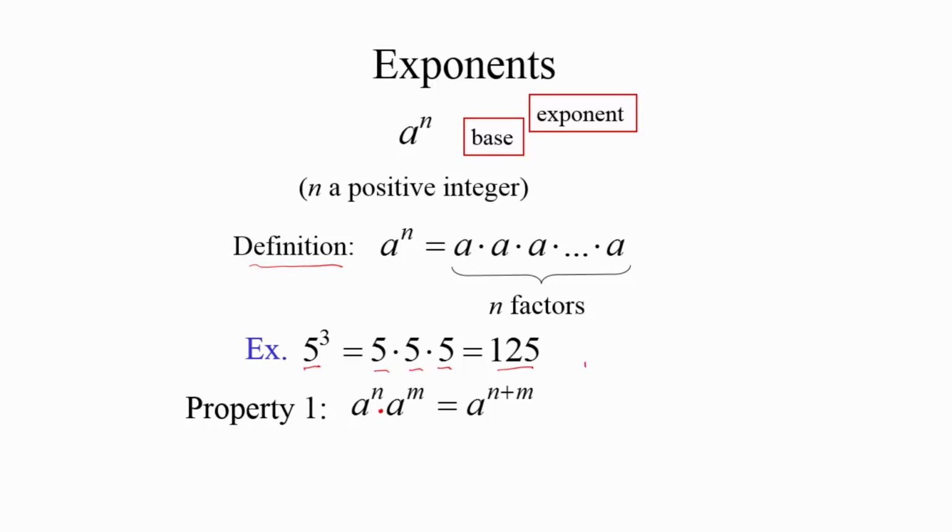So for example, 2 to the third power multiplied by 2 to the fifth power is equal to 2 to the 8th power. You add up the powers, only when you have multiplication. Here they use a variable x. x to the third power multiplied by x to the fifth power is x to the 3 plus 5, and 3 plus 5 is 8. So that's one of the properties of exponents.